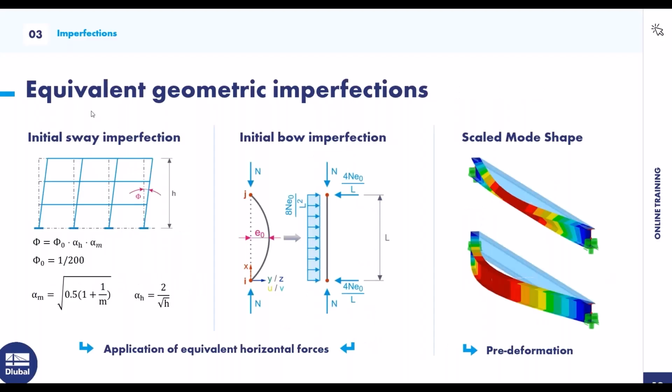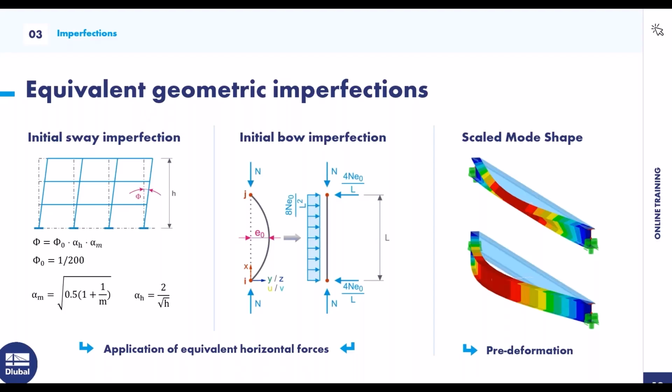So the next point is the equivalent geometric imperfections. Imperfections are also closely related to this topic. Here we have the imperfections in Eurocode 3, and these are generally grouped together as equivalent geometric imperfections. Maybe first of all, what are imperfections anyway?